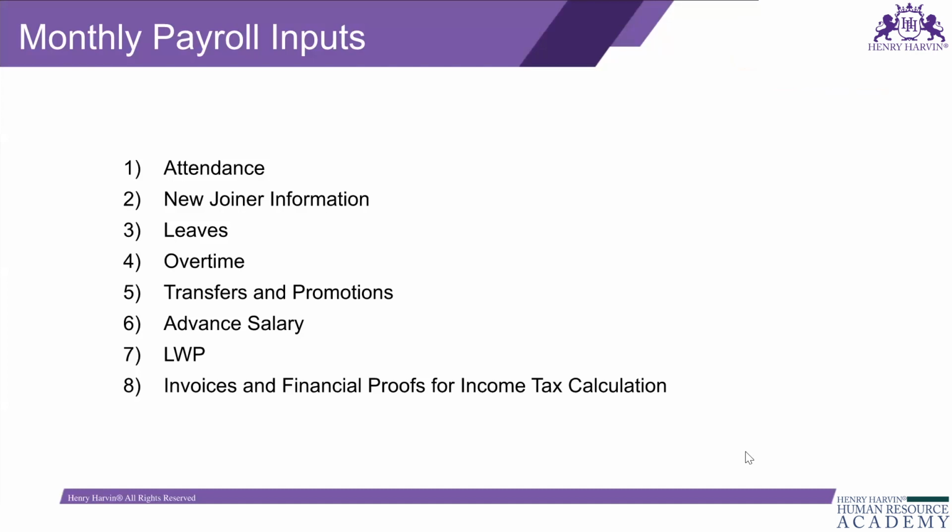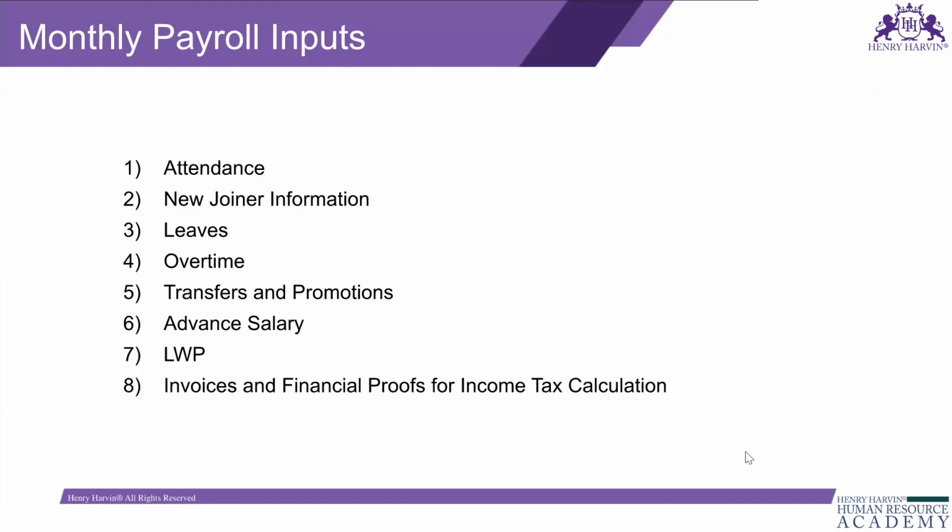If you already update the information of salary advancements, the system will automatically deduct the advance salary which your employee has already received. That will be deducted from the current month's salary, and the balance will be given to the employee as a monthly salary.